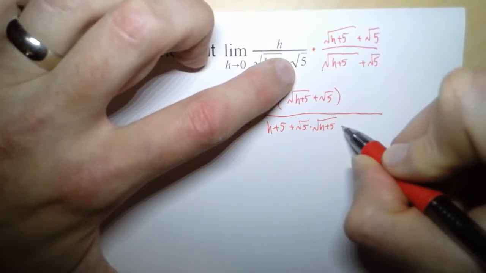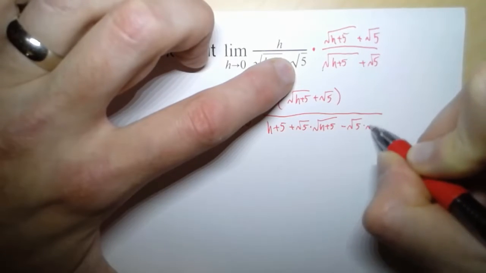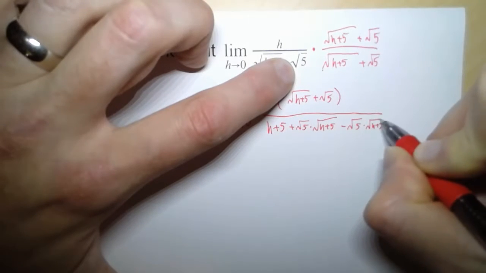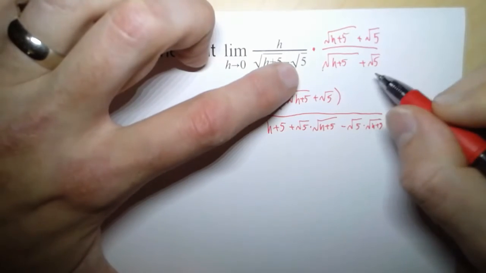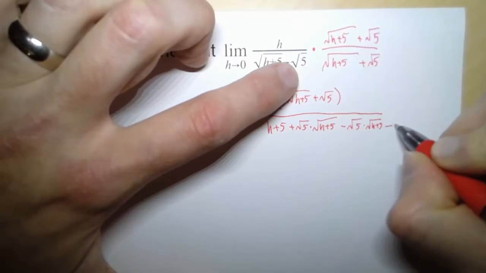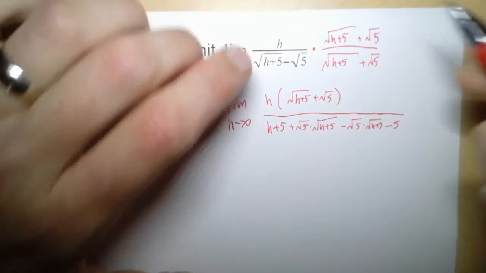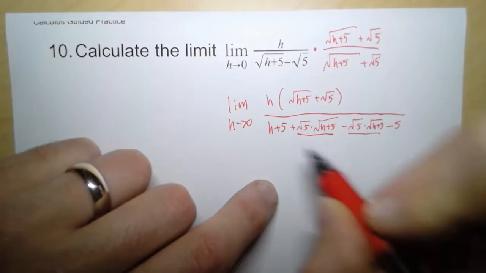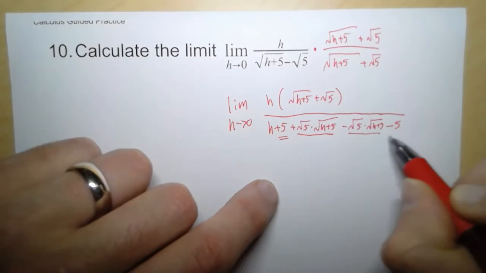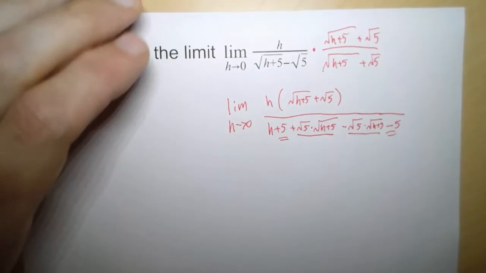Then we have minus radical 5 times radical h plus 5. And then finally, negative radical 5 times positive radical 5 is minus 5. So let's see. This term cancels with that, they're opposite. And this term cancels with that term, they're opposite.